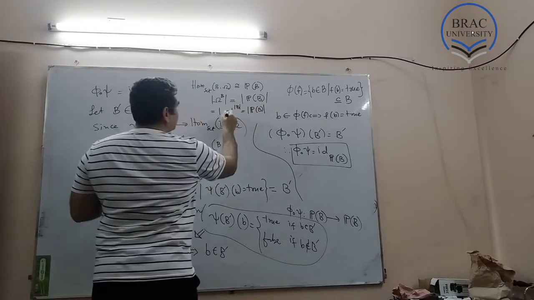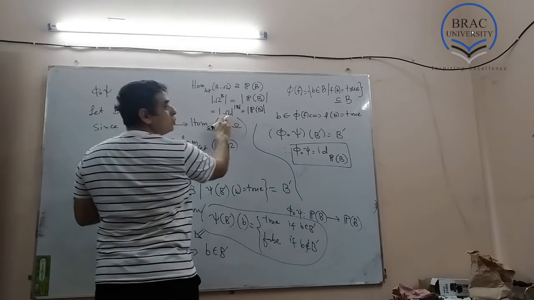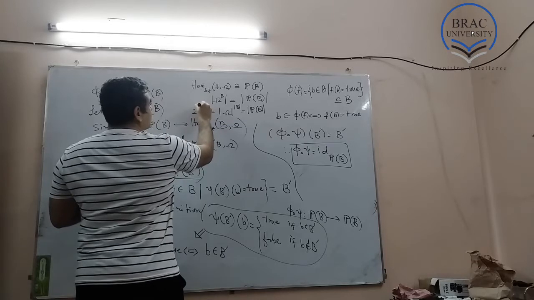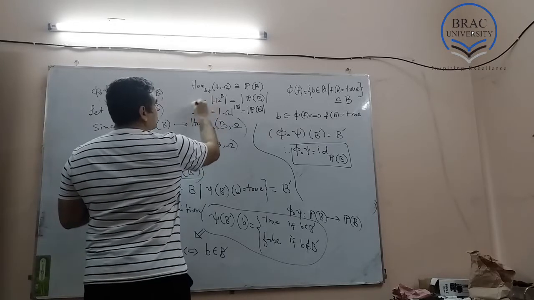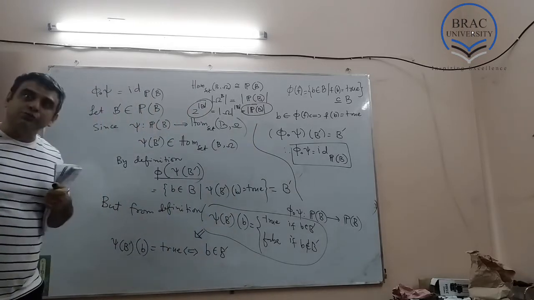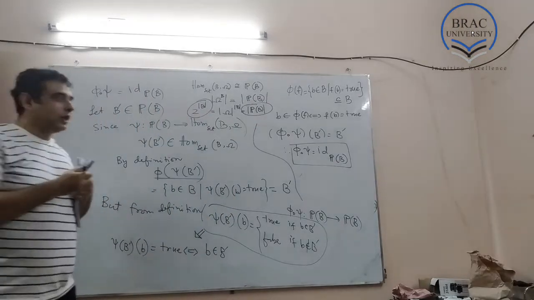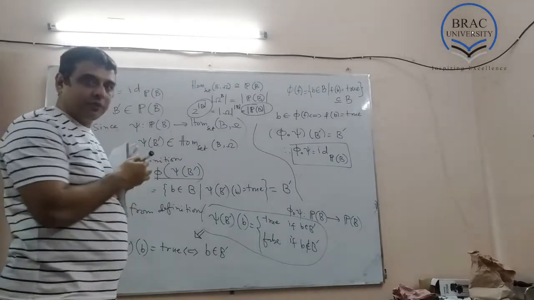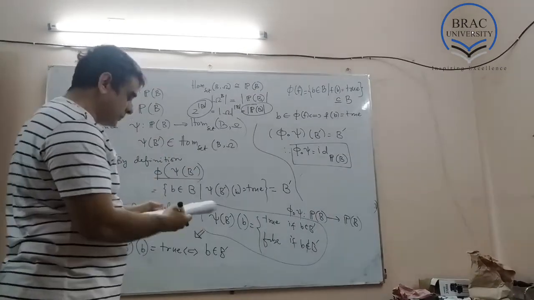We know that the cardinality of omega, since it was a two-element set, is just 2. Okay, so 2 to the cardinality of B is equal to the cardinality of the power set, which we already know. So it conforms with our existing knowledge on the power set. So we just cross-checked it.